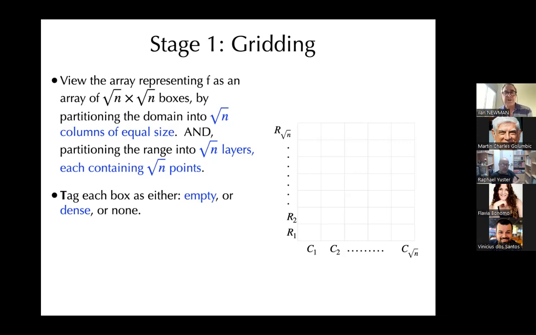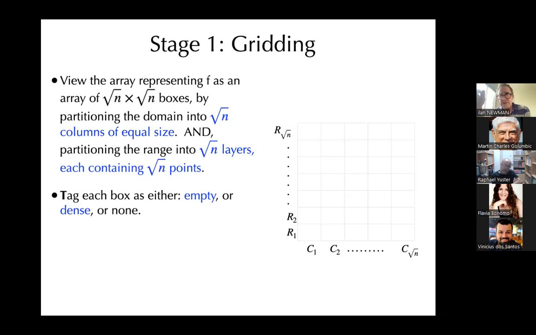And if I partition it in this way, then I can tag each box. I have now n boxes, sub-boxes that I'm going to call cells or boxes. I'm going to tag them as empty, namely that there is no point of the function in this cell in the grid, or dense.